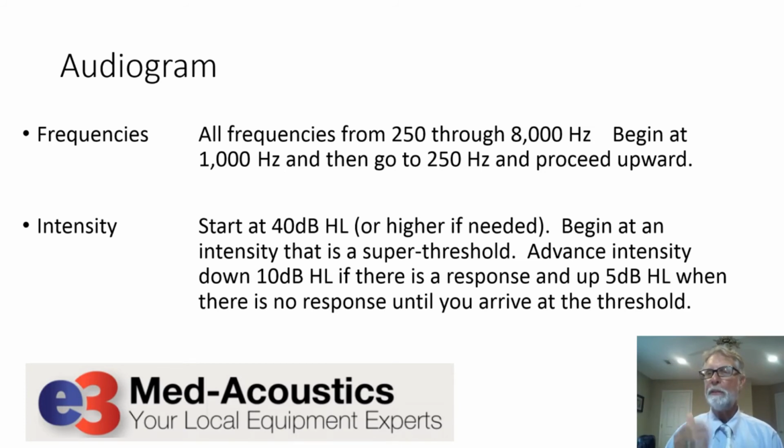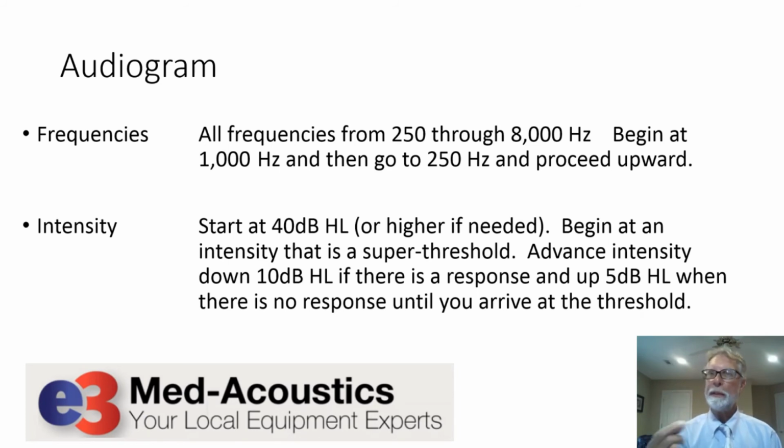So again, if we started at 40 and the patient either pushed the button or raised their hand, they heard it, went to 30, they heard it, went to 20, they heard it, went to 10, they didn't hear it. Now, I would be going up. I'd go up to 15. And if they didn't hear it, I'd go up to 20. They heard it again, that's the second time at 20, then I would take that.